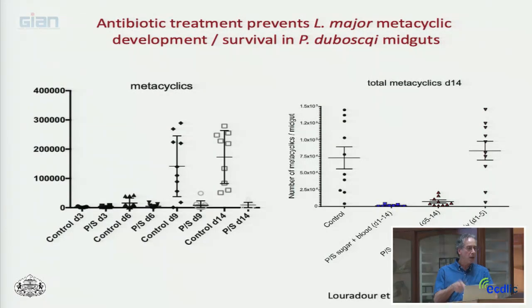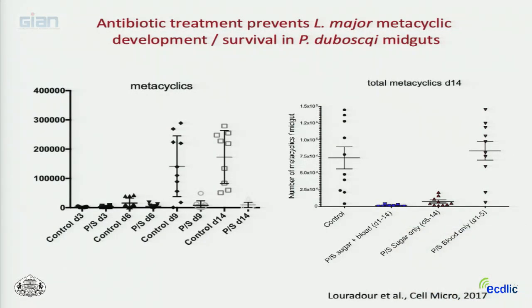But something quite opposite happened when, so this was an obvious experiment to try in sandflies and Leishmania. Let's just treat the flies with antibiotic. We included penicillin and streptomycin in the blood meal and/or sugar meal, because again, once the blood meal is gone, you have to maintain the flies on a source of sugar, and we just give them 30% sucrose, and that's what the flies are maintained on.